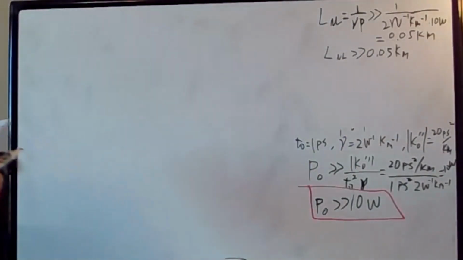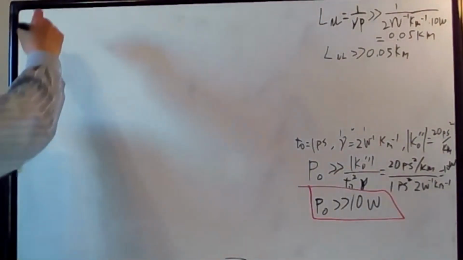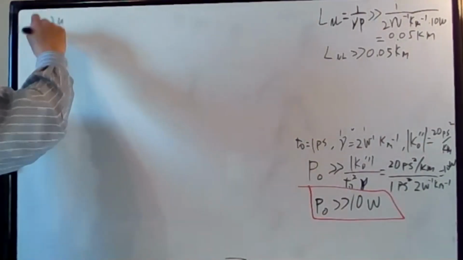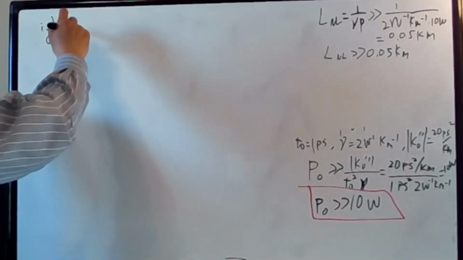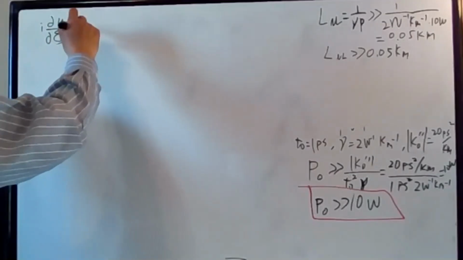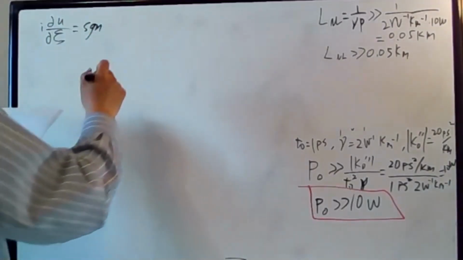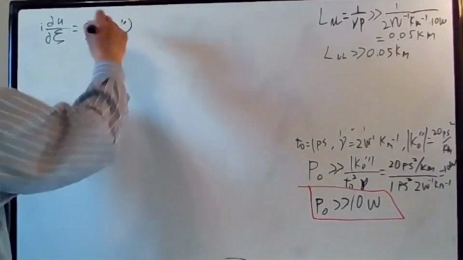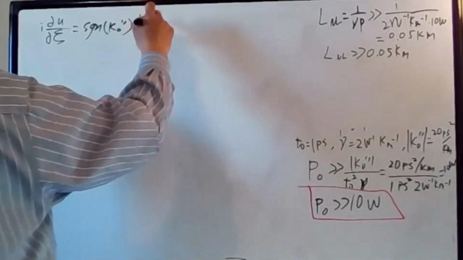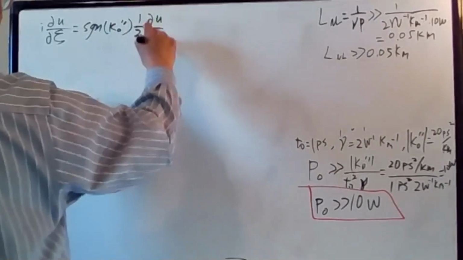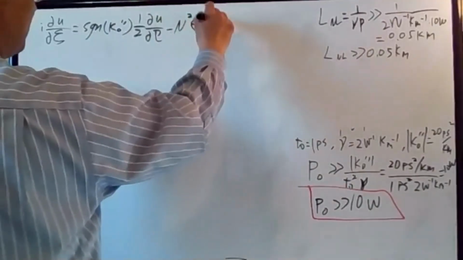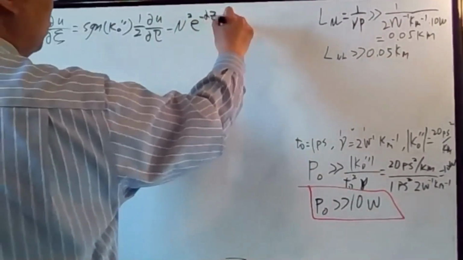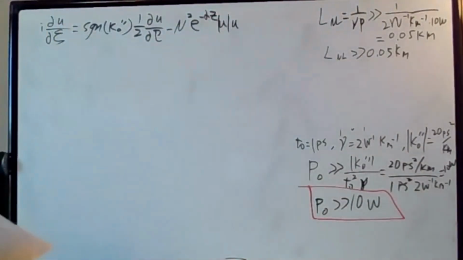It's actually a very handy equation. So it's i partial U partial zeta equals sgn(k naught double prime) half of the second partial U partial tau squared, minus N squared exponential negative alpha Z times absolute value of U squared U. So I now have this normalized, right?